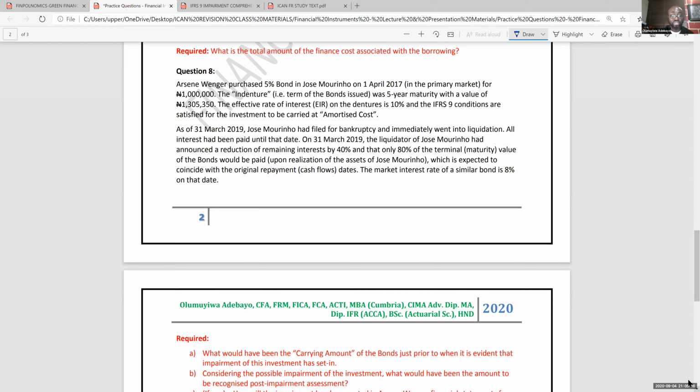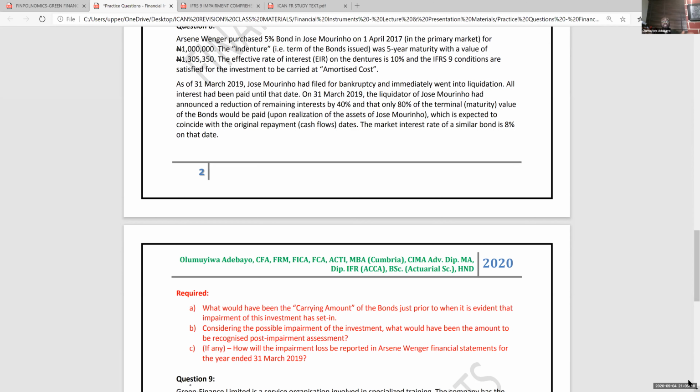Now, what is the question? The question says, A, what would have been the carrying amount of the bond just prior to when it is evident that impairment of the investment has set in? That is, what is simply the gross amount, given that we have not subjected it to impairment assessment?